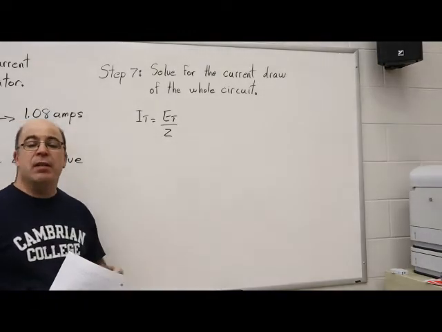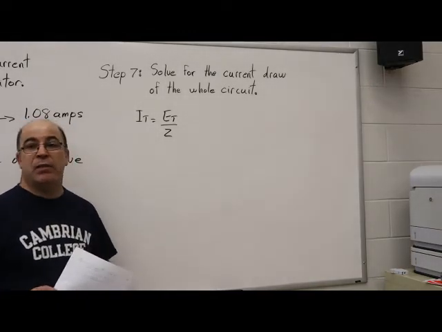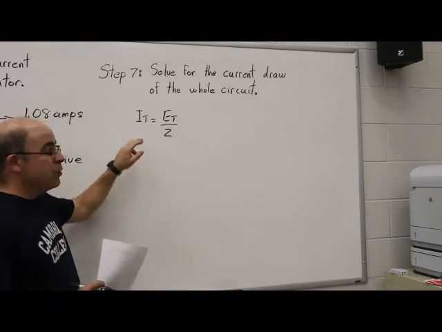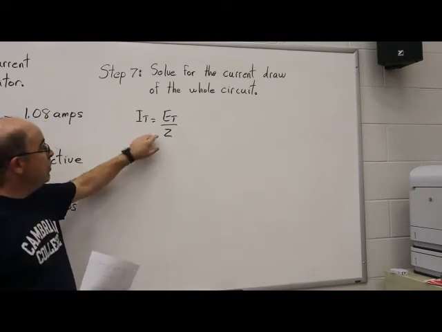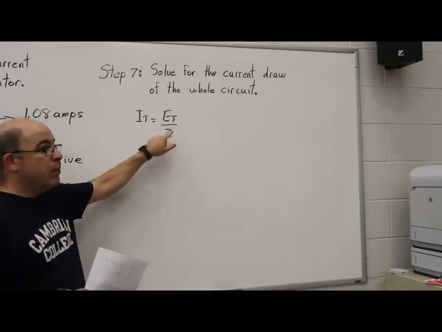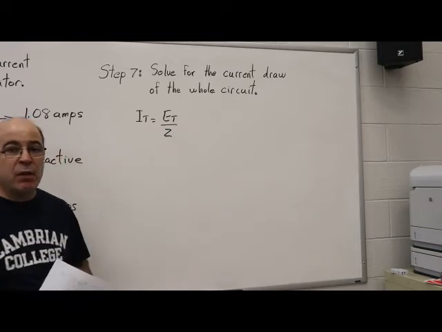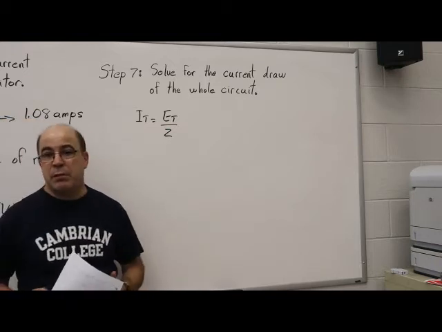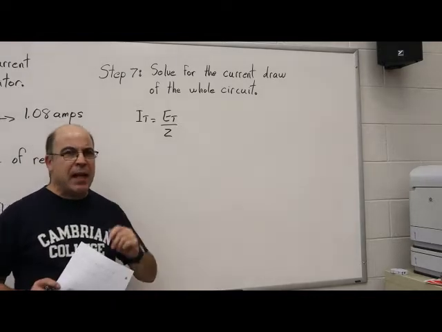First thing on the agenda, let's calculate the value of current for the entire circuit. We're going to use Ohm's law. I total will be equal to the applied voltage divided by the value of impedance, which was one of the first things we had calculated. Or the second, pardon me.